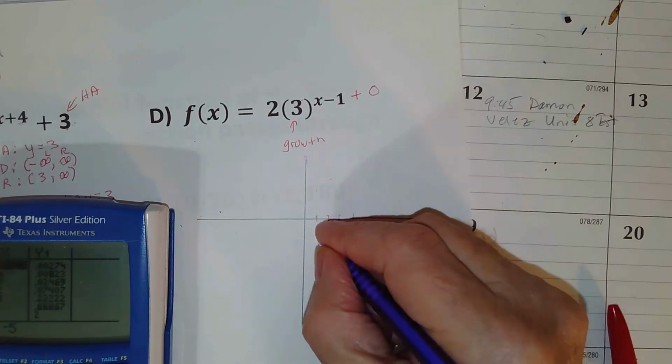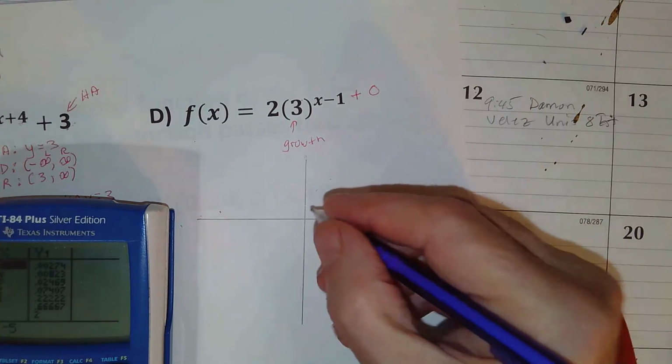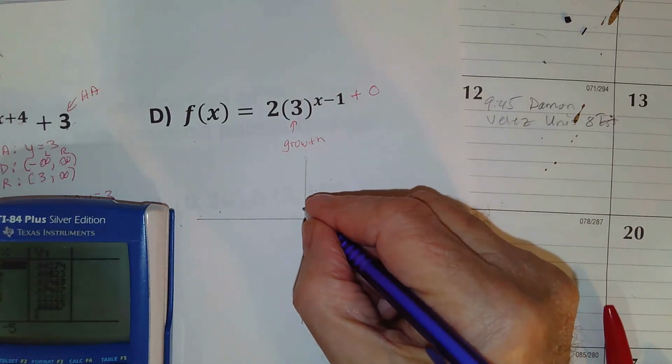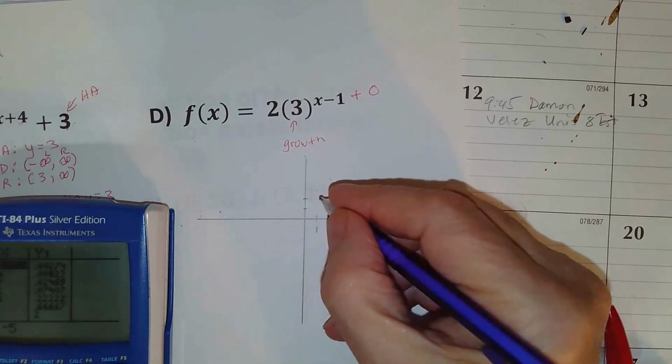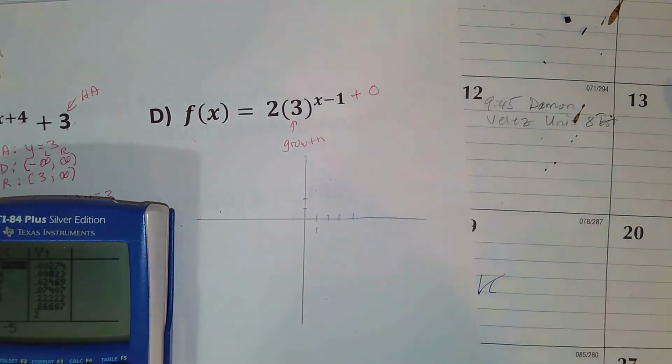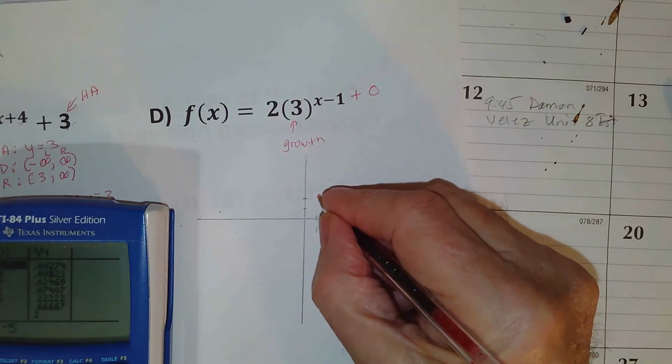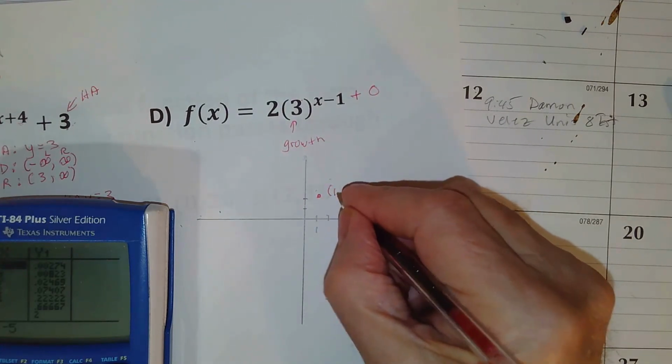So X is 1. Y is, we said, what, 2? So 1, 2. Okay. So that's about here at 1, 2.